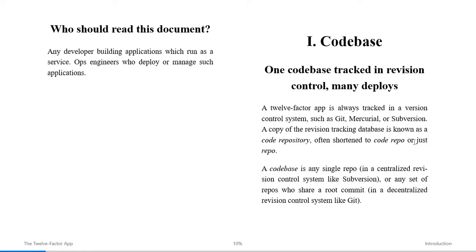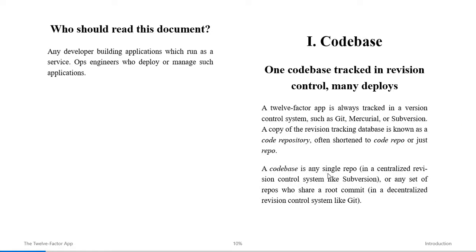Most modern web applications are tracked in a version control system like Git or Mercurial or Subversion. It is very useful because many developers can collaborate at the same time in the same code base without much conflict. That's why they use a code repository.